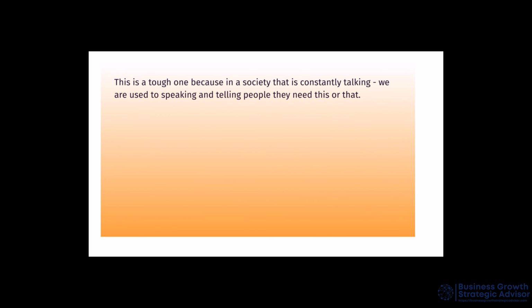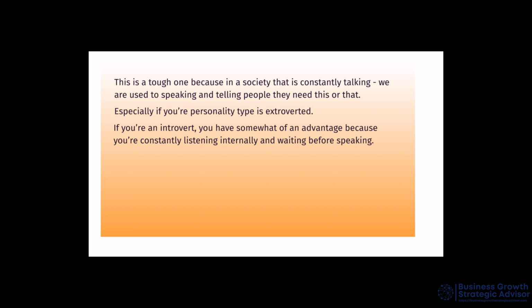Now, this is often very tough because in our society that is constantly talking, we're used to people speaking, and we're used to telling people why they need this or why they need that, especially if your personality type is extroverted. Now, if you're an introvert, you often have somewhat of an advantage here because you're constantly listening internally and you're waiting before you're speaking.